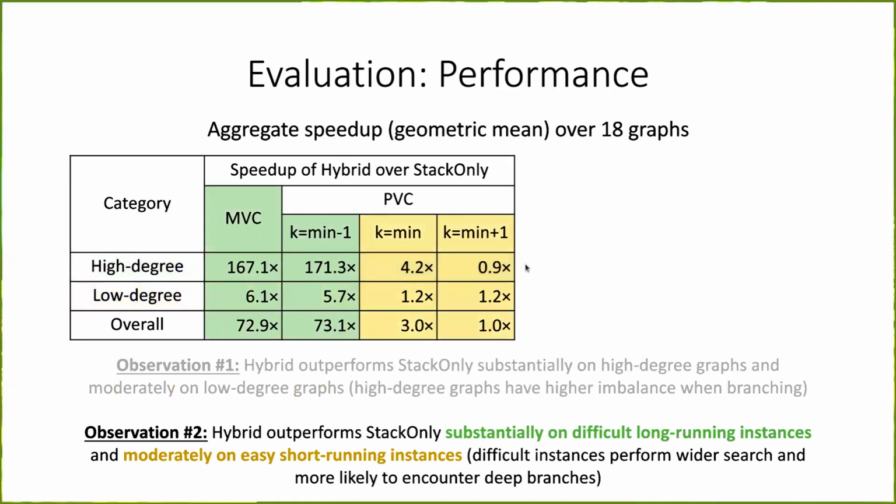The second observation is that hybrid outperforms stack-only substantially on difficult long-running instances and moderately on easy short-running instances. And this is because difficult instances perform wider search and are more likely to encounter deep branches.